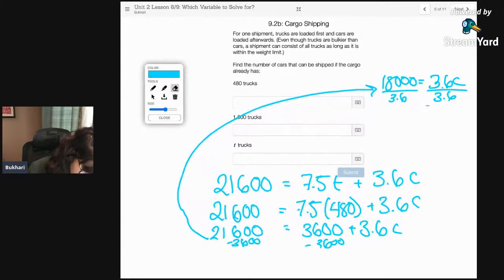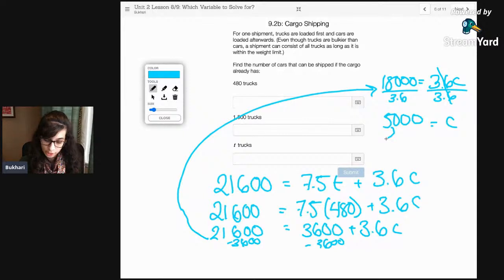And so my operation here is division. This simplifies down to 1, and you get 3.6. You get 5,000 cars total if I have 480 trucks.